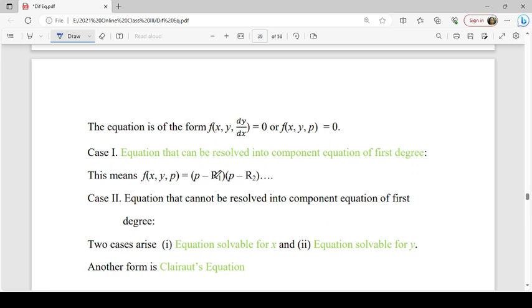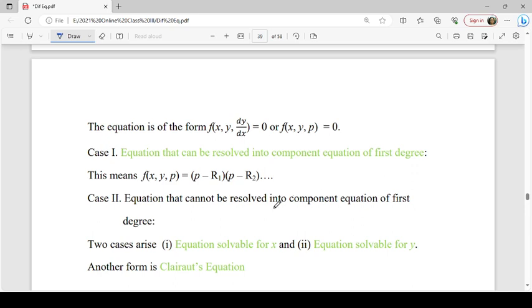If we can have this factor, then we make each factor equal to 0. So we can write p minus r1 equal to 0. R1 is a function of x and y, and p is dy dx. So we get a linear equation, and we can solve it.